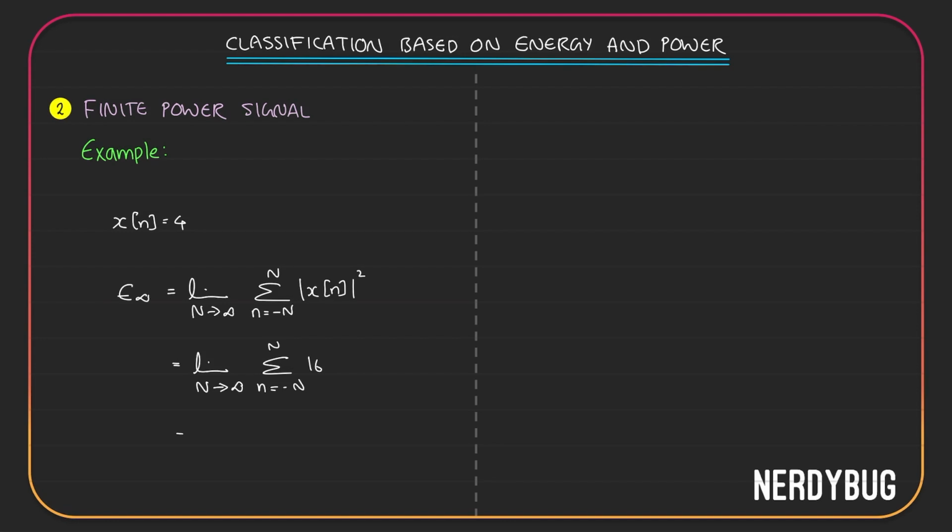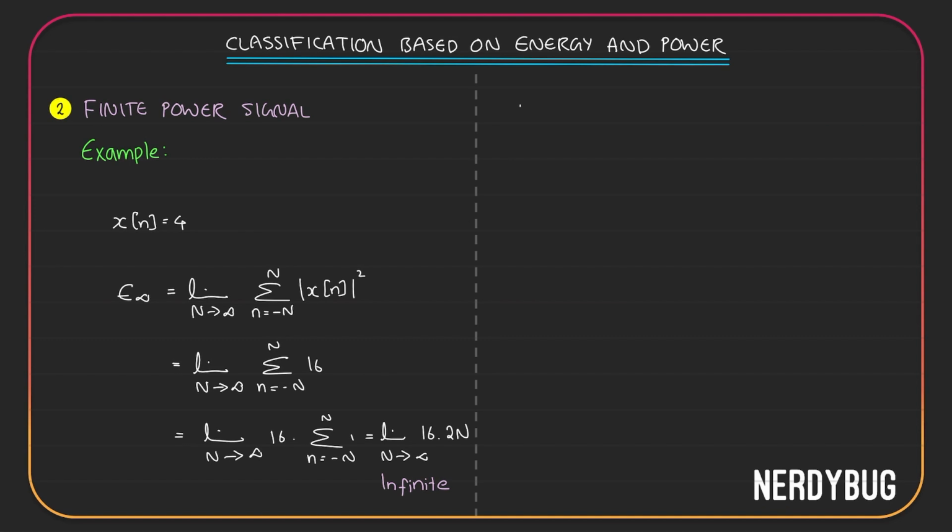How about we take it out? So limit n tends to infinity 16 summation n equals minus n to n 1. So technically what I get here is 16 multiplied by 2n. So what we have is 32n, where n is a huge value which tends to infinity. So this whole thing becomes infinite. That is, the energy of this particular signal given over here as an example is infinite.